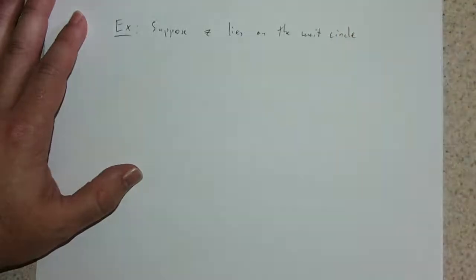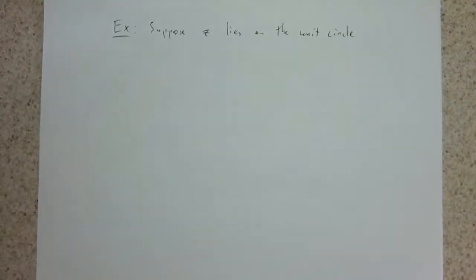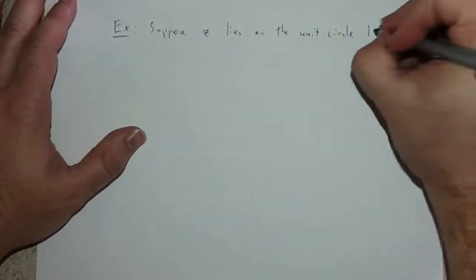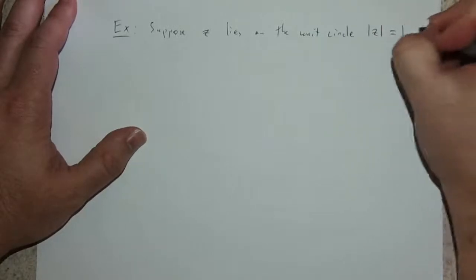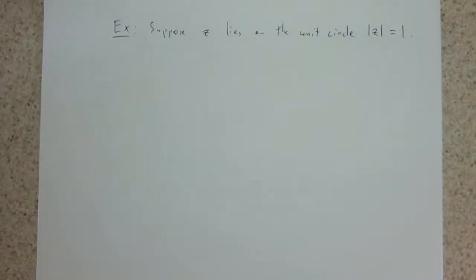What is the unit circle in our new snazzy notation? Well, it is the set of complex numbers z such that the modulus of z is equal to 1. Okay. So suppose that z lies on the unit circle.